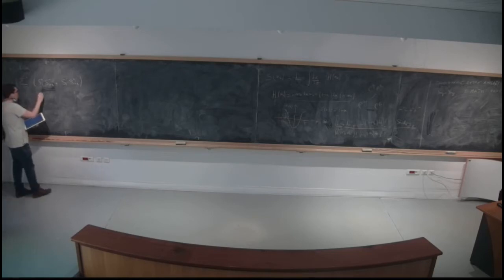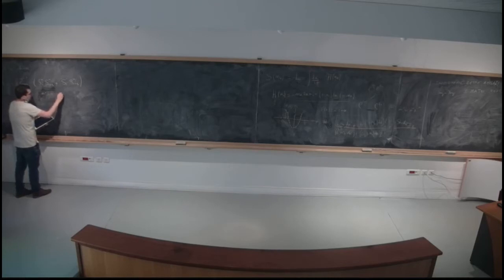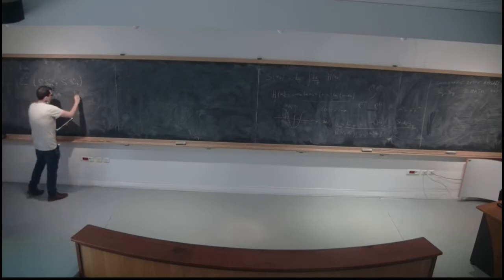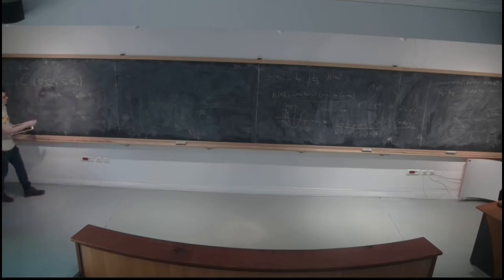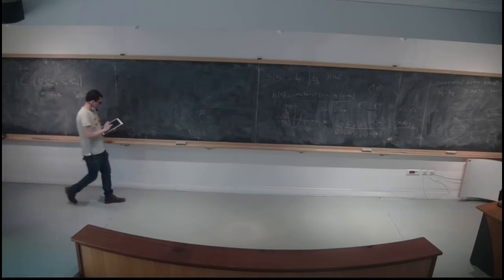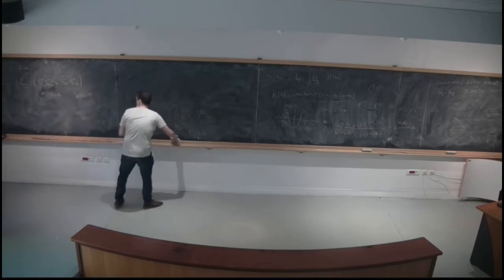Let me write it in the Pauli matrices. Sigma plus is sigma x plus i sigma y. I guess there is a factor 2, I'm never sure. It's the operator that takes the spin down and brings you to spin up, and sigma minus does the other way around.